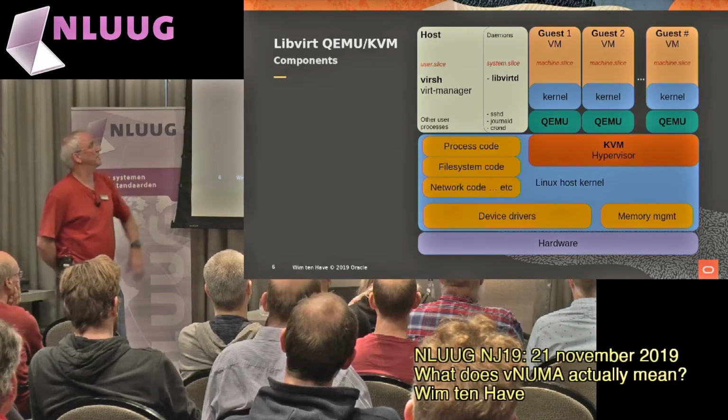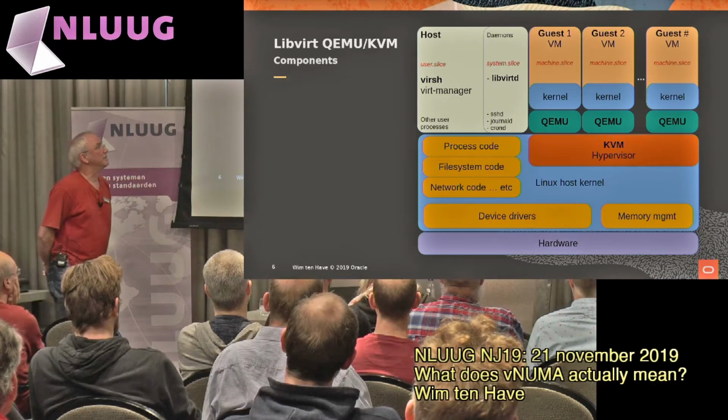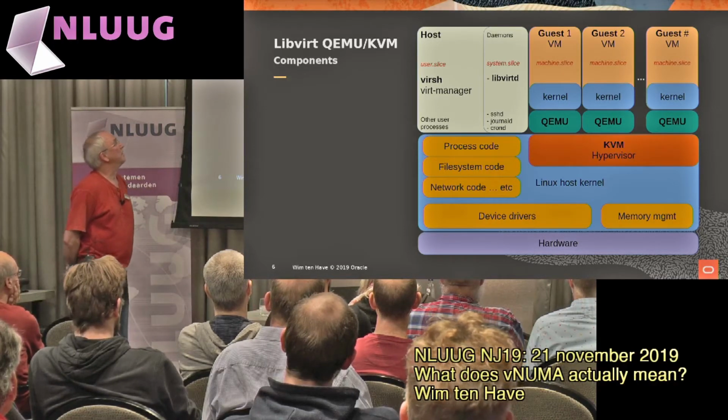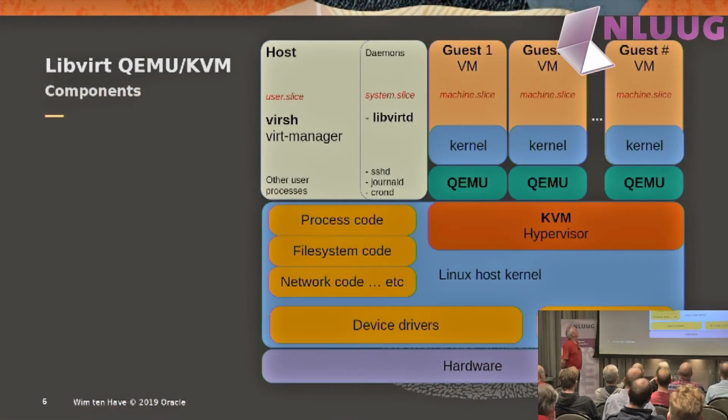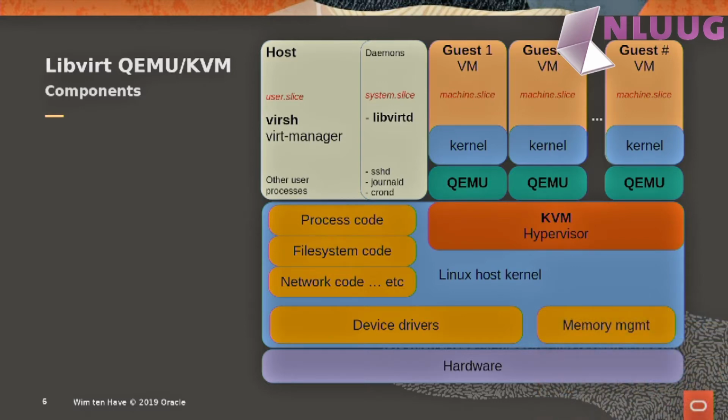The machine slices are typically the guest virtual machines you are running, and user slices are processes on the host which may be around for any purpose. It could be a shell, but it could also be a system administrator who is administrating the guest via a command line interpreter called virsh, or he can do it by virt-manager, a graphical user interface tool.